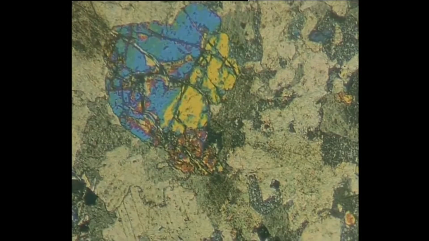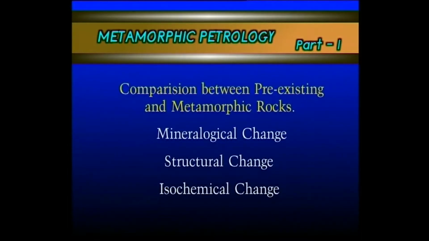Now see, what are the changes particularly in metamorphic rocks? If we compare the pre-existing rock and the metamorphic rock, there must be mineralogical change, there must be a structural change, along with isochemical change.